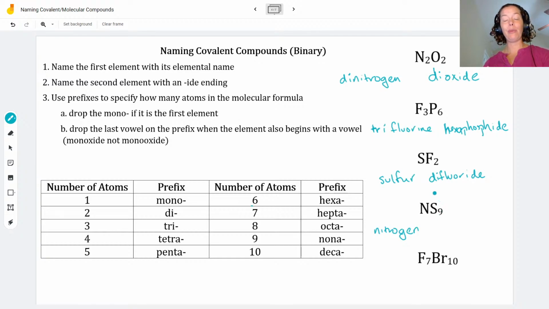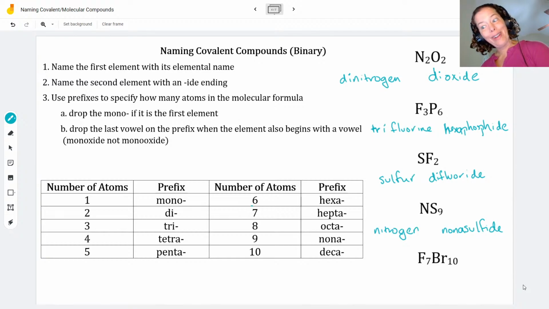Now it's my second element, which means I need to change the ending to IDE. So this is sulfide. How many do I have? I have 9. Again, does not exist in real world, but that's okay. 9 gives me a prefix of nana. I can still name it. It's totally fine. Okay, so that is nitrogen nanosulfide.